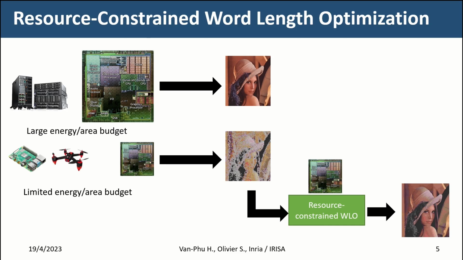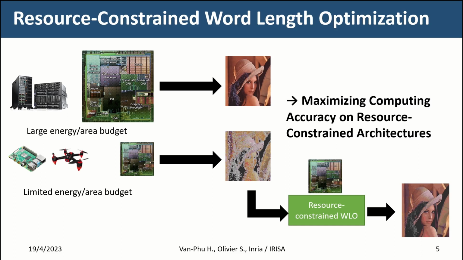For example, in machine learning, image, speech recognition, and autonomous vehicles. So this is where the concept of resource-constrained word length optimization becomes important, because it can help to maximize the quality of computation under the cost budget and improve the competitive advantage of the electronic device manufacturers.